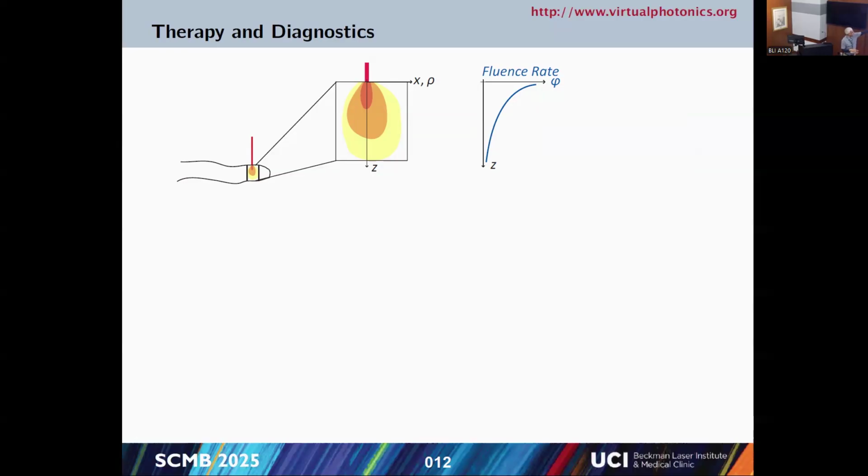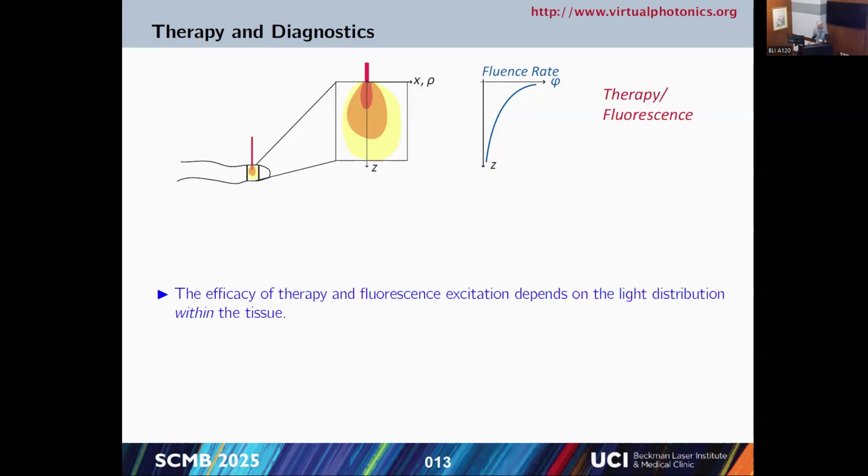Again, very cartoon-wise, you can imagine that this is a color bar of the intensity of the fluence in my finger due to that collimated light source, and you may have some spatial decay along the center line of the illumination. And this is what's relevant for therapeutic applications.